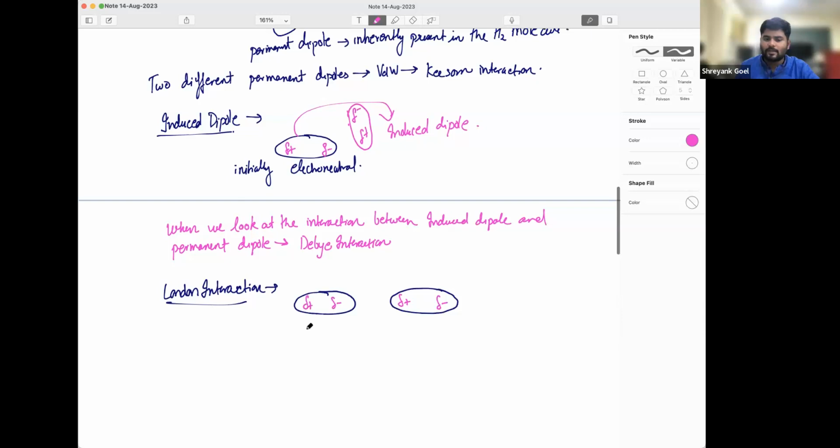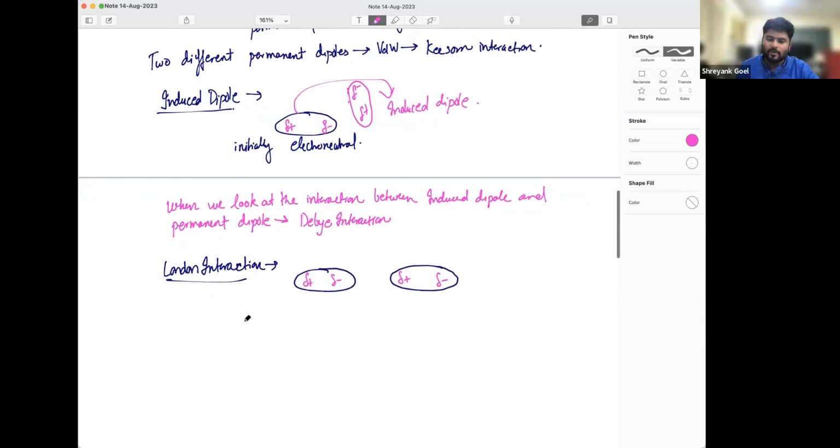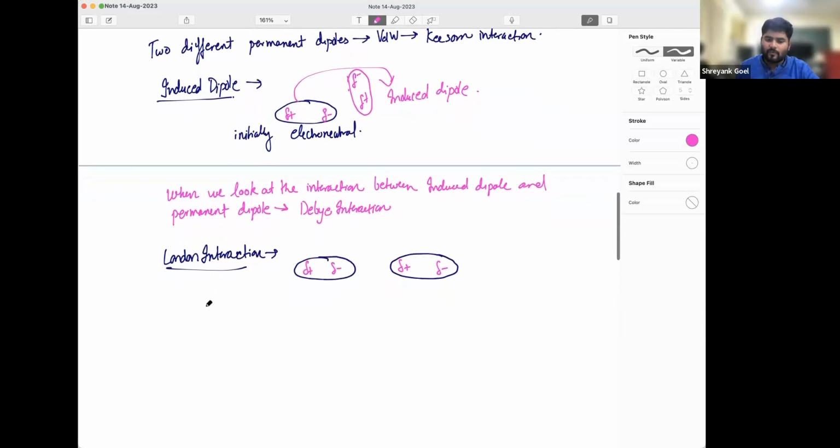Now the question arises: why is it possible without any permanent dipole? There is a possibility of induced dipole. If you have one molecule with one atom, because of some disbalance, some electron cloud comes together, and this side is positive charge.